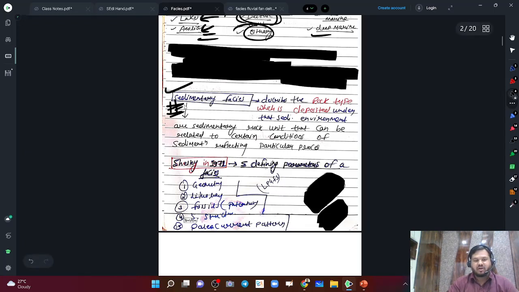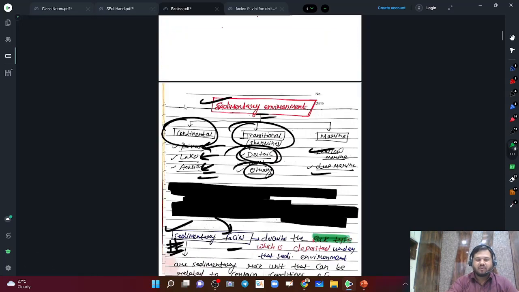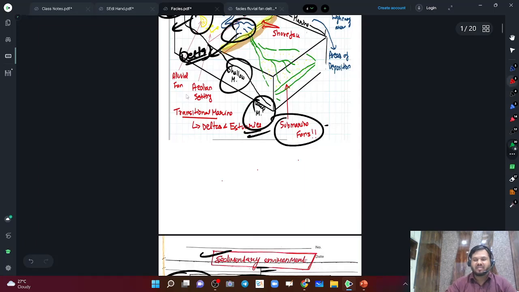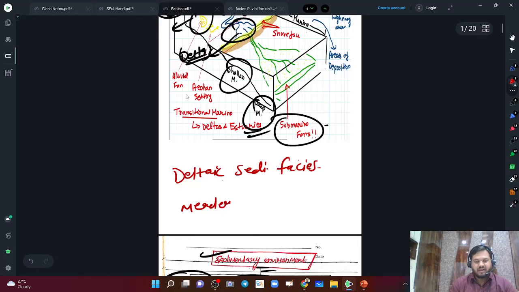So you should be clear about what facies is, right? Facies means nothing but generally the rock type. These are specific sets of rock types, right? Which were deposited under a sedimentary environment, right? What I mean is that UPSC will ask you something like, tell me something about delta, tell us something about deltaic sedimentary facies, or tell us something about meandering sedimentary facies.